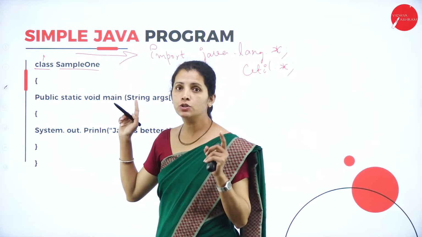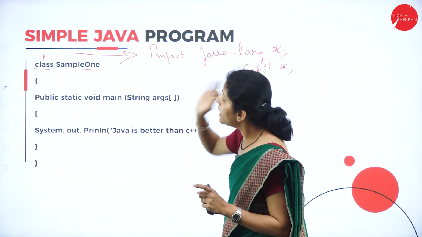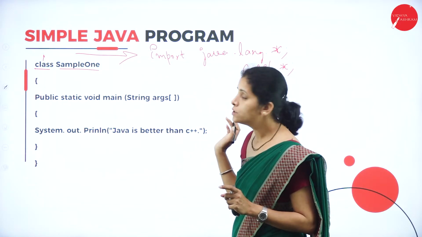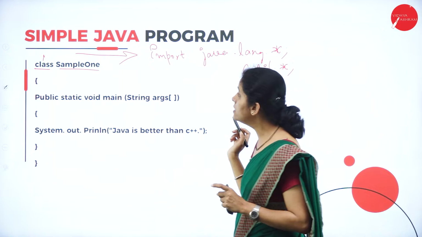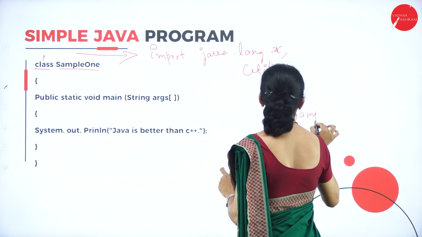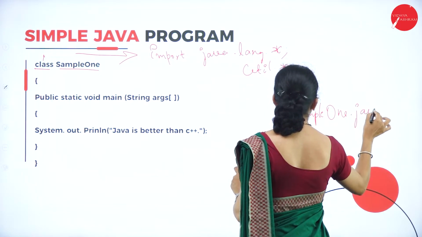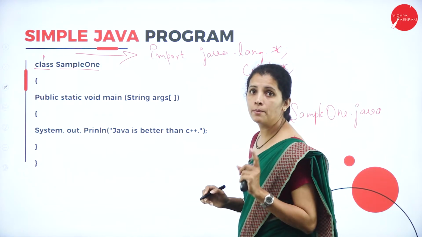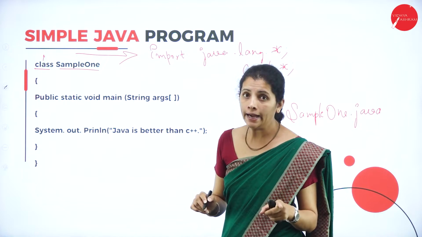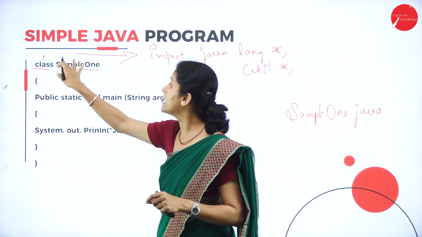Sample1. So, dear student, please make a note here that my program name must be the class name. So, what is my program name here? That is Sample1.java. So, while saving my program, the file name I have to specify here is my class name.